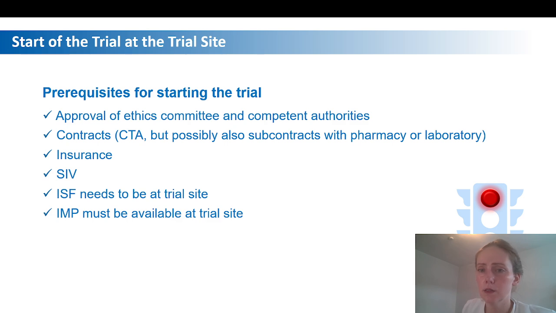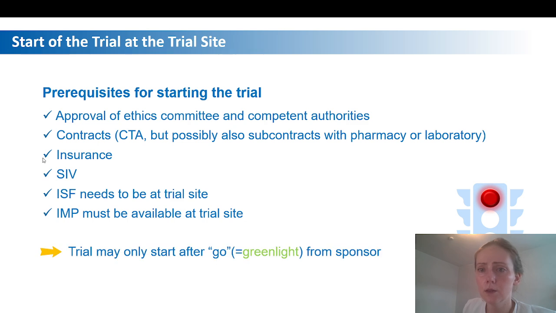Since the sponsor has the overall responsibility of the trial, the sponsor is required to review all essential components. The trial can only start after receiving the sponsor's approval, often referred to as green light. Make sure that the communication with the sponsor regarding the start of the trial at your site is documented and filed in the ISF.